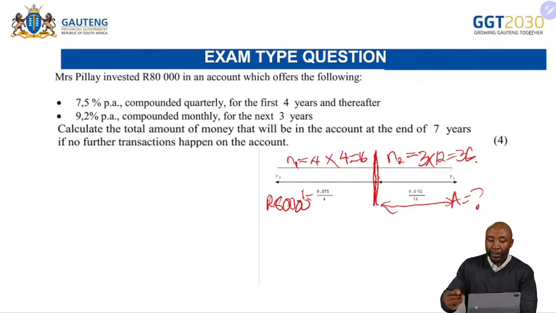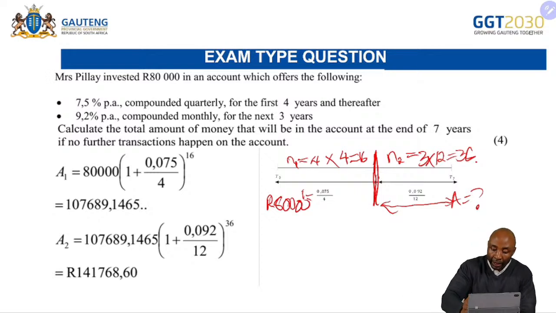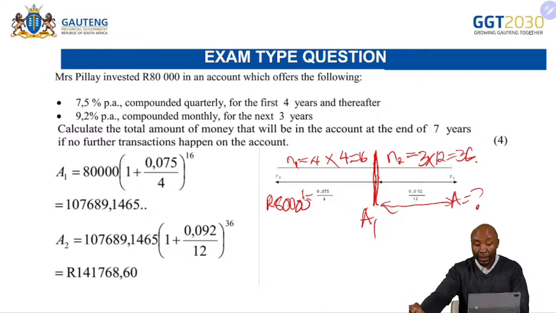So we will get the final amount, which will be 107,689.1465. I will call it A1. After 4 years, that becomes the principal amount for the 3 years, and that will give us our final answer as 141,768.60. That is the first method that we can use.